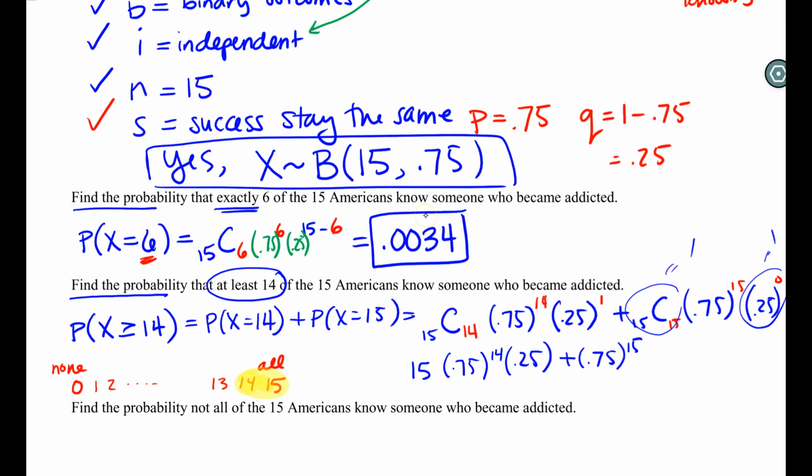So this is 0.0668 plus 0.0134. If we add those together, I did not type those into my calculator correctly. All right, we get 0.0802.